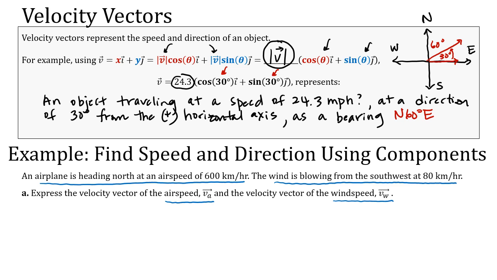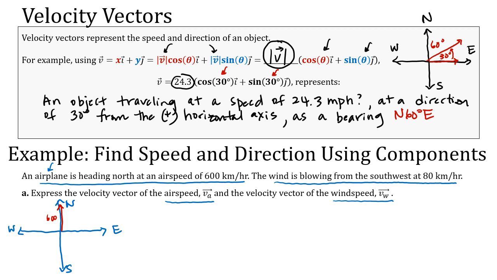Okay, so let's first talk about the airplane. What is the airplane doing? I'm just going to draw myself a little compass here. So we have north, south, west, and east. Very convenient that that also is a coordinate plane, isn't it? So this airplane is headed north at a speed of 600 kilometers per hour.